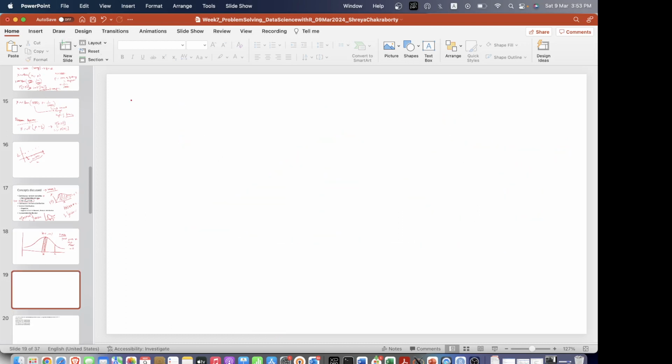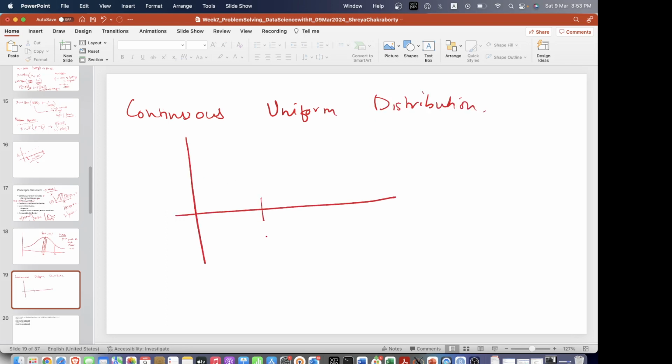We'll just briefly discuss them. A continuous uniform distribution looks somewhat like this. You have 2 points, a to b, and fx is 1 by b minus a from a to b, and at all other points fx is 0.